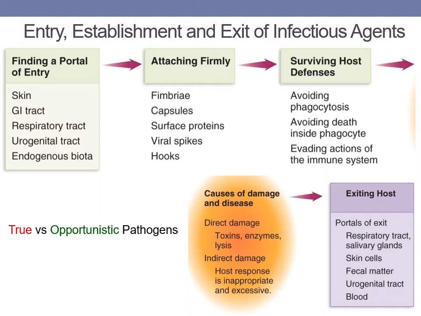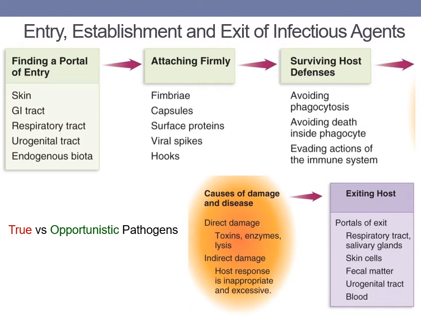Once organisms reach their portal of entry, they attach firmly using structures discussed earlier in the course, like fimbriae, capsules, surface proteins, viral spikes, and hooks. Once they attach, they enter the host, and then they use methods to avoid detection by our immune system. They must avoid phagocytosis and other human defenses.